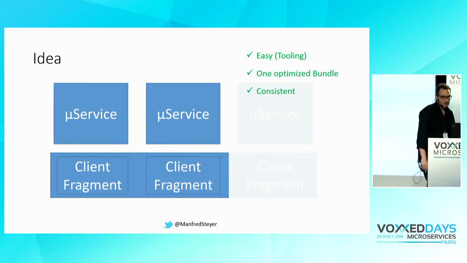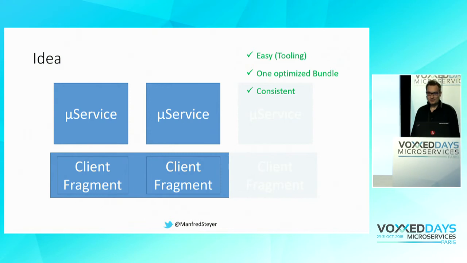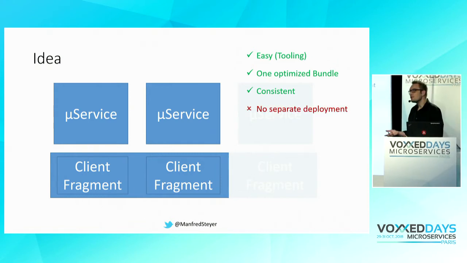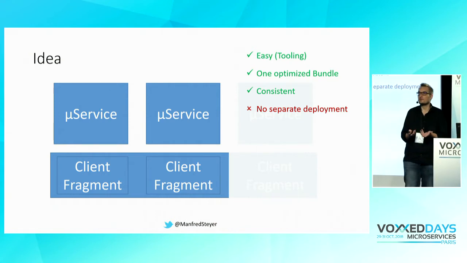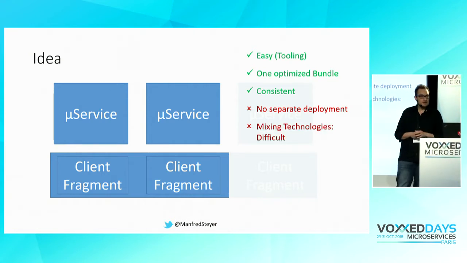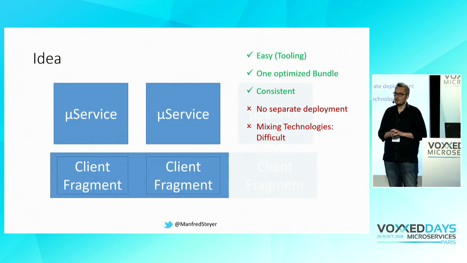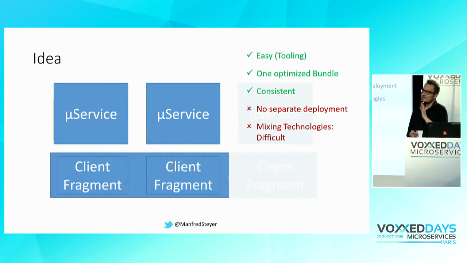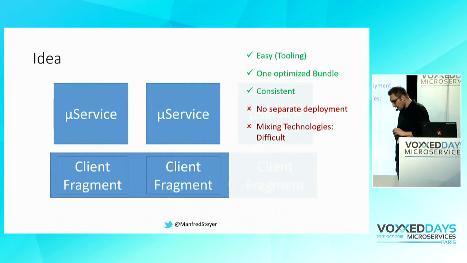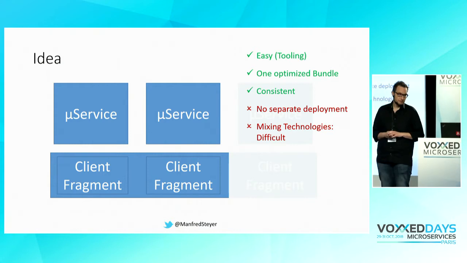But of course, there are also some disadvantages of this. You cannot do a separate deployment, which is one of the main goals of microservice architectures. And mixing technologies is quite difficult. Mixing technologies, yeah, it's sometimes possible, but it is really difficult. And to be honest, I've mentioned it before, this is not a real microservice approach.